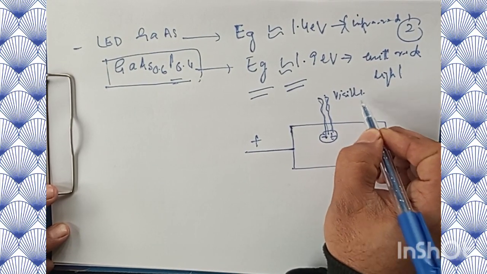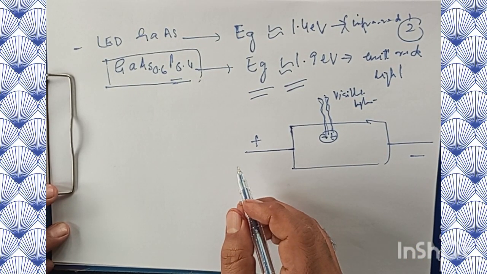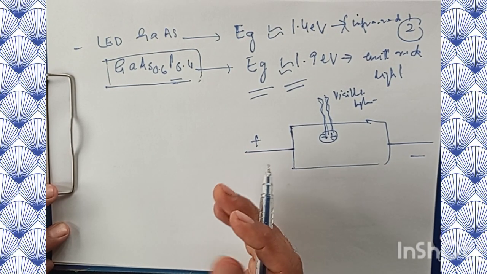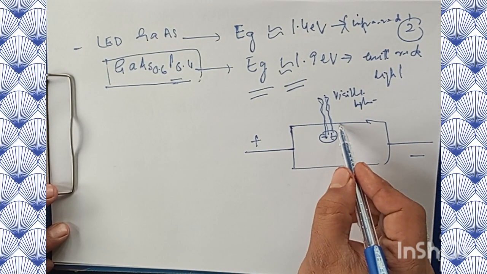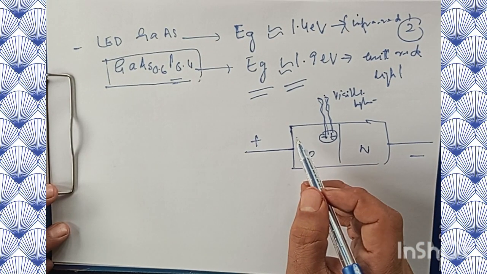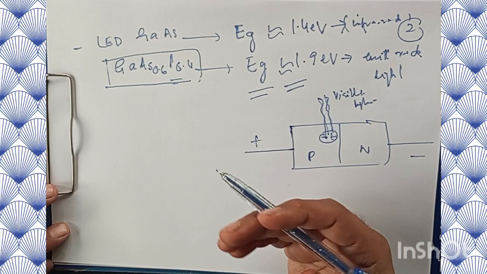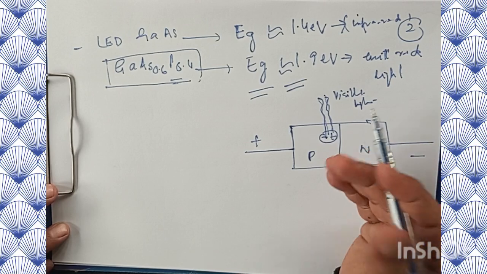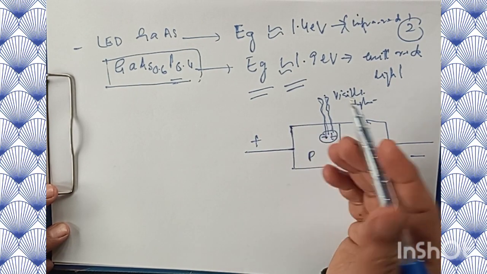Now, to understand the theory of this light emitting diode, when this PN junction diode is forward biased, the electrons are ejected to the p side. So it has a p side and it has an n side. Now these electrons which are ejected into the p side of the junction diode fall from the conduction band to the valence band and recombine.